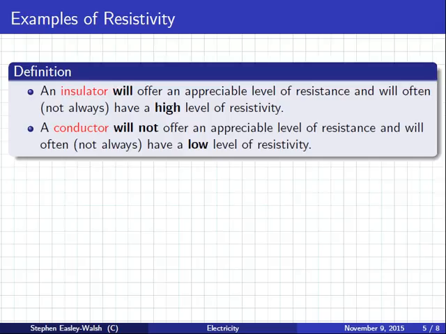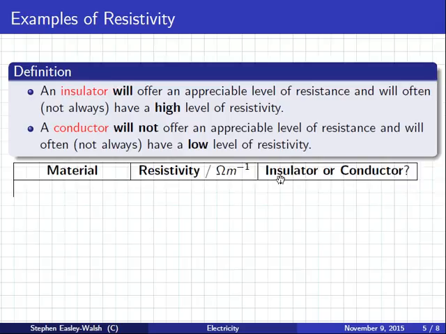What about our body? Is it a conductor? It depends how fat you are. The fatter you are, the more of an insulator you are. A skinny person will be a pretty good conductor. A fat person, not so much. I think most people here will be a good conductor.